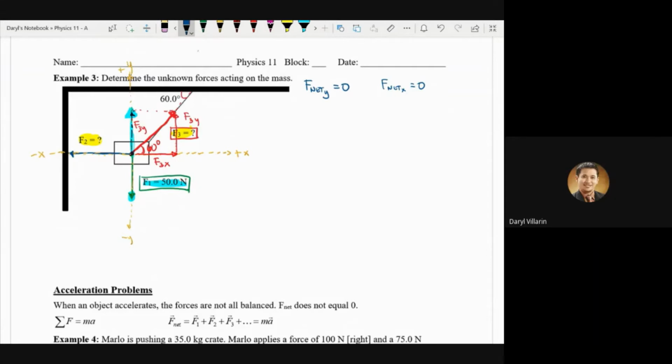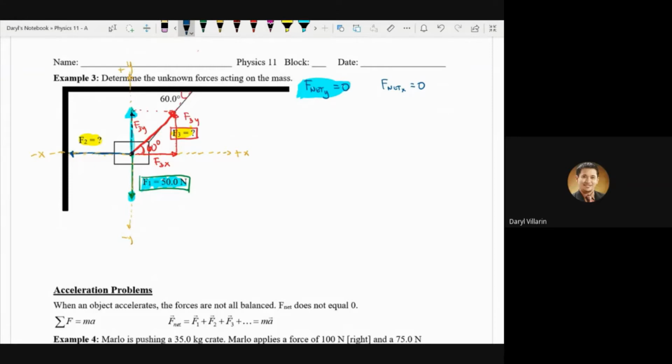I'm going to deal first with the y components because that's the only one where a force is given, and that is F1. Using the fact that the net force is equal to 0, I should be looking at the value of F3y.